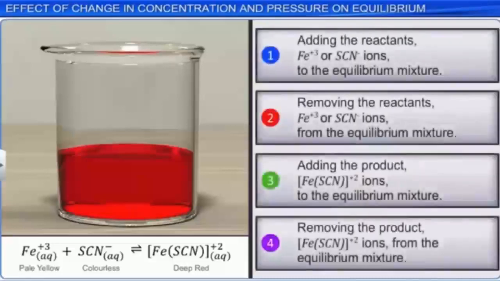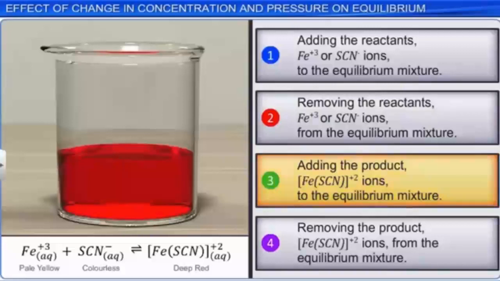To understand the effect of change in concentration on equilibrium, let us consider some cases. Adding the reactants Fe³⁺ or SCN⁻ ions to the equilibrium mixture. Removing the reactants Fe³⁺ or SCN⁻ ions from the equilibrium mixture. Adding the product FeSCN²⁺ ions to the equilibrium mixture.